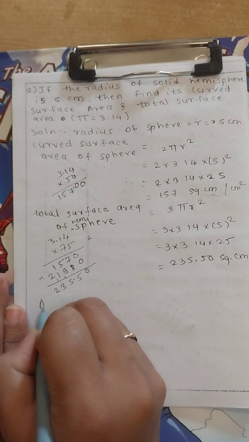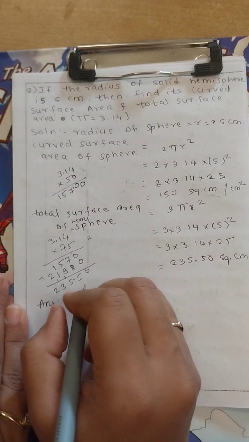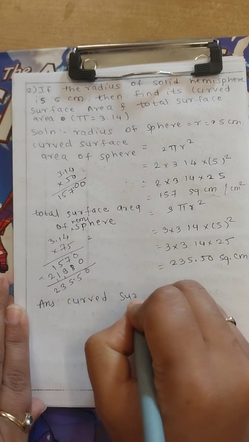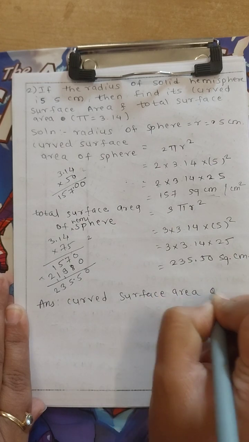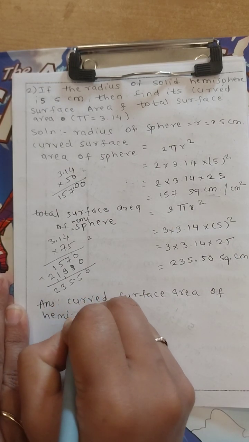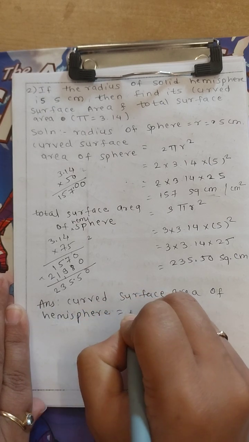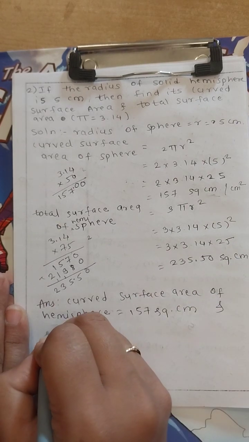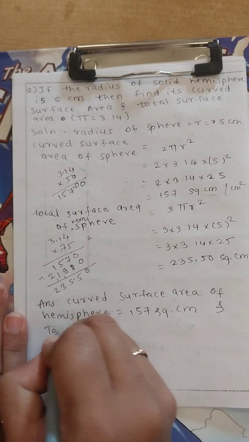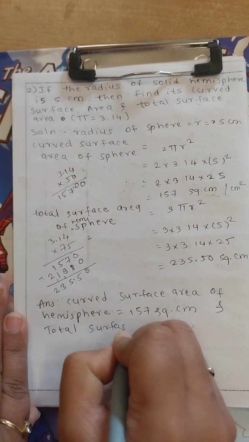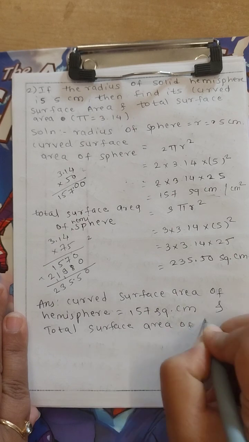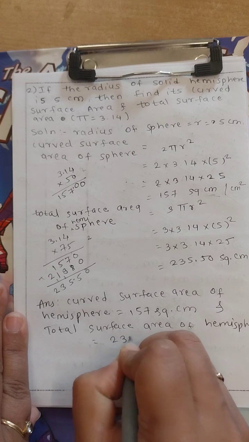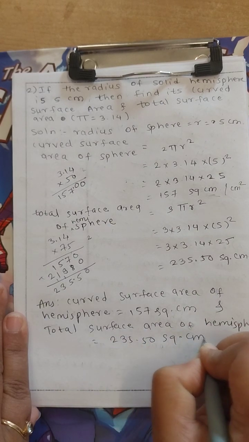Therefore, the final answer: curved surface area of hemisphere is equal to 157 square centimeter, and total surface area of hemisphere is equal to 235.5 square centimeter.